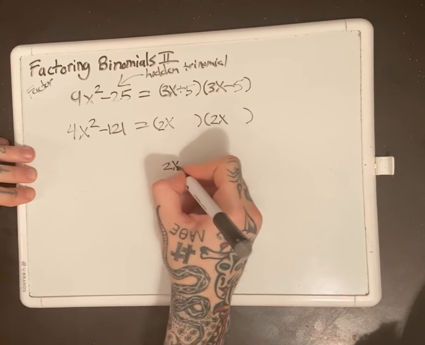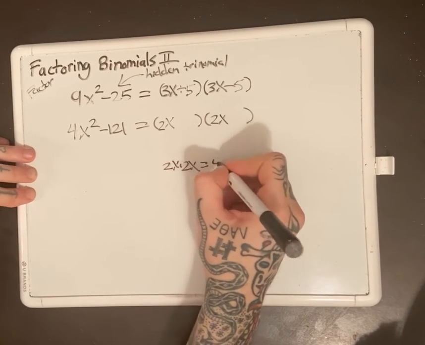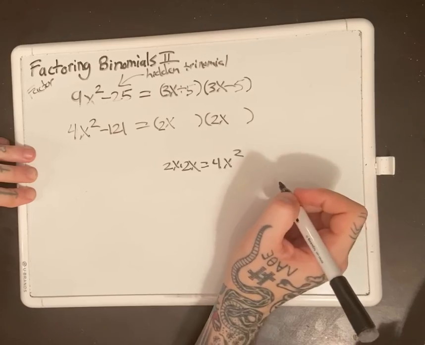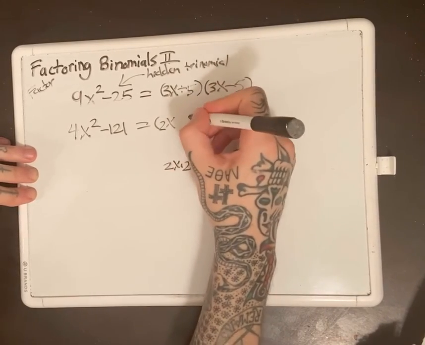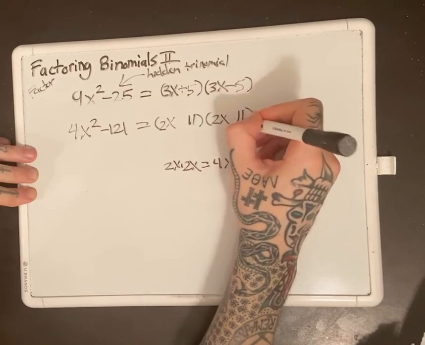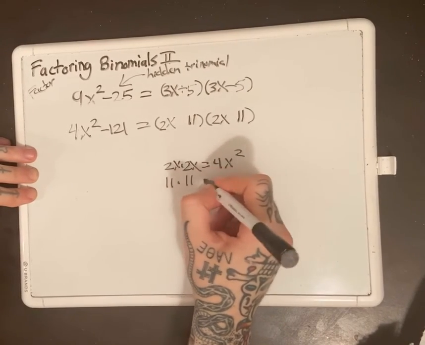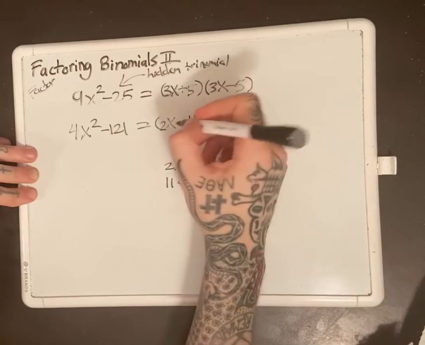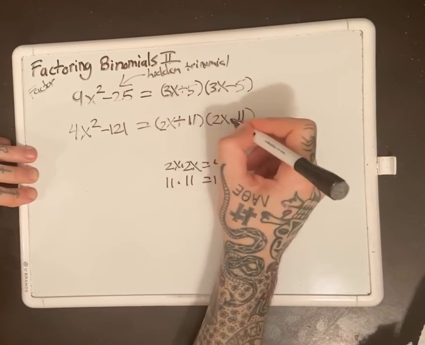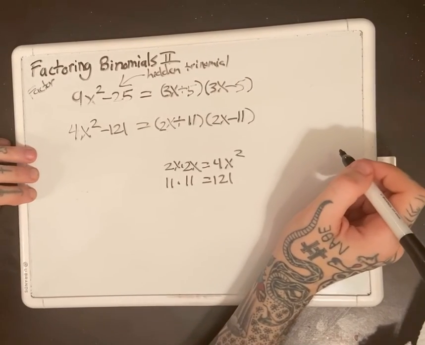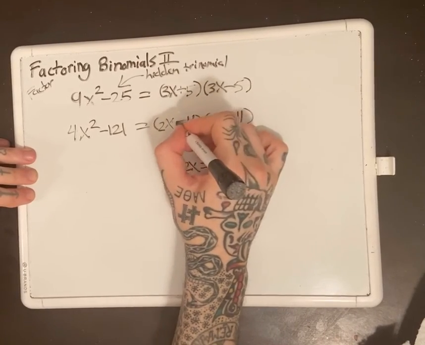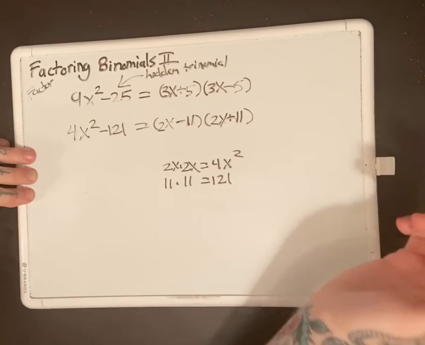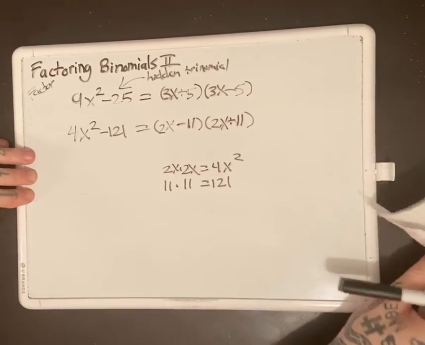So I'm just going to write it out for y'all. 2x. Square root of 121 is 11, because 11 times 11 equals 121. And we just throw that addition or subtraction in there. Okay? I could do subtraction here or addition here if I want. It doesn't matter.